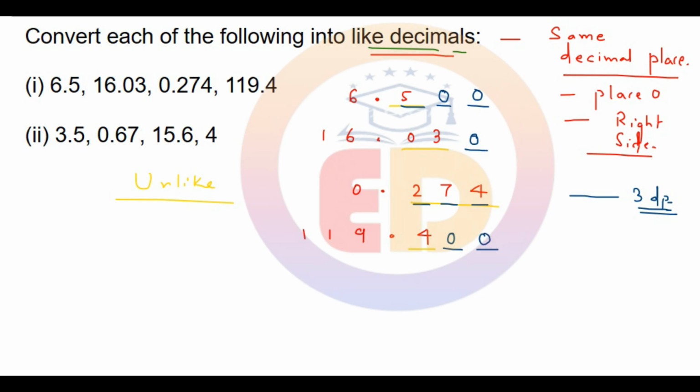Now all the decimal numbers have 3 decimal places, so they are like decimals. This is the method of converting unlike decimals to like decimals. Students should practice some more examples so that they don't get confused in the real exam.